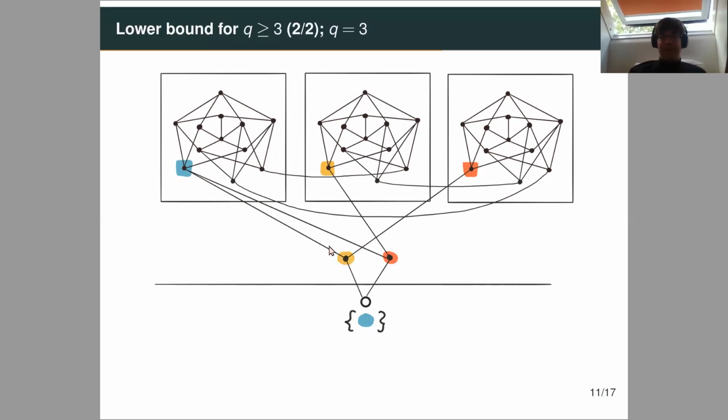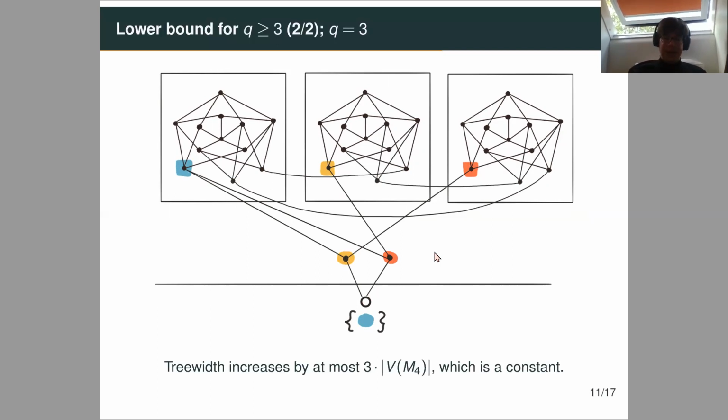And we connect them to this gadget in the good way. So for example, this vertex is responsible for blocking color yellow. So we make it adjacent to the vertex blocking color blue and the vertex blocking color red. And then we know that this guy must receive color yellow in any proper coloring, meaning that this guy cannot receive color yellow. Same for the red guy.